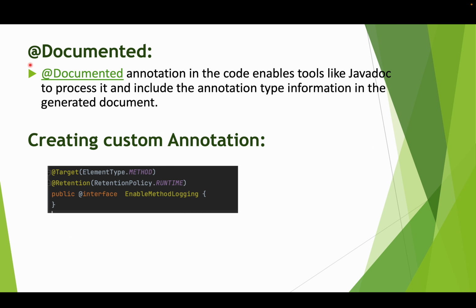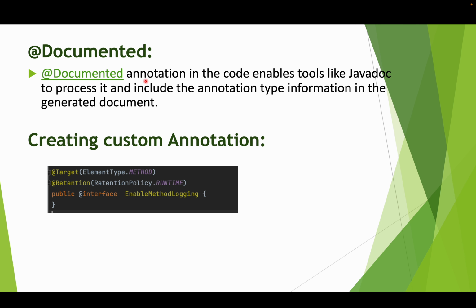What is this @Documented annotation? If we provide it on the custom annotation that we are creating, what will happen? This @Documented annotation will enable tools like Javadoc to process it and include the annotation type information in the generated document.